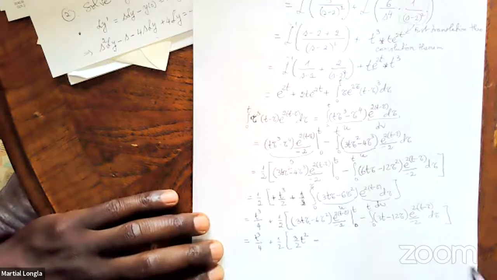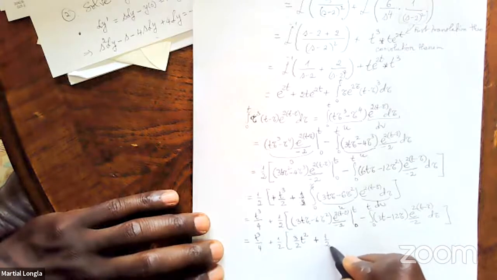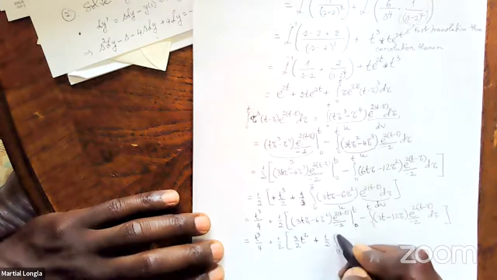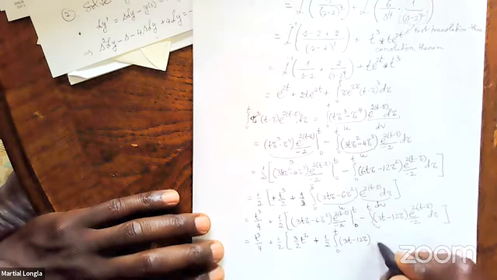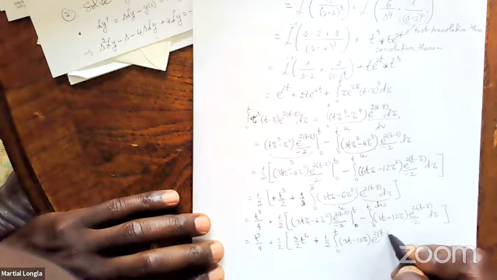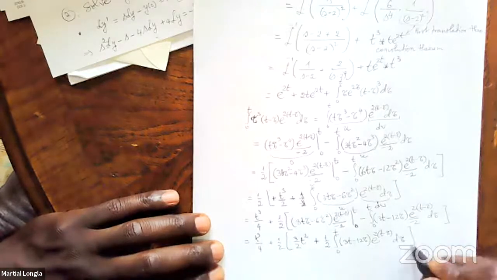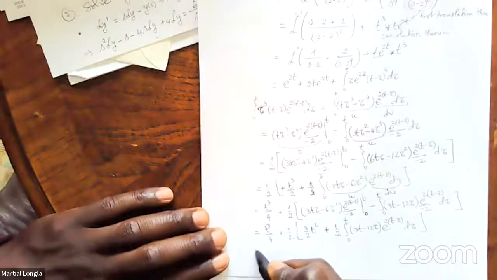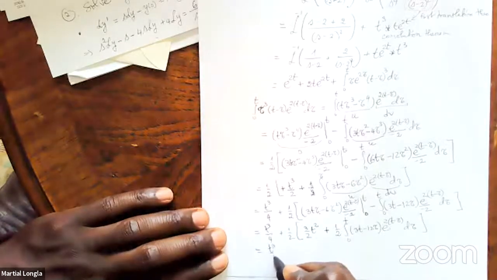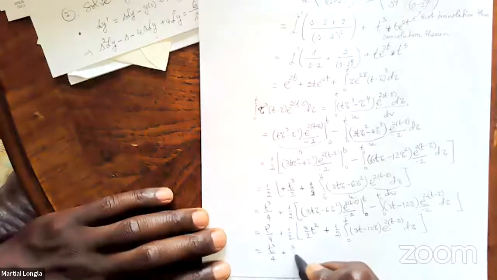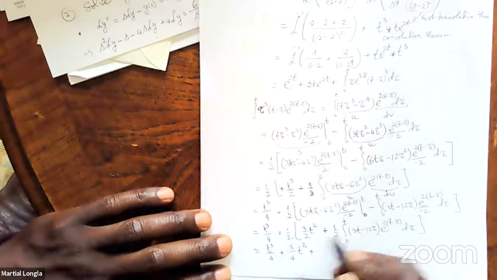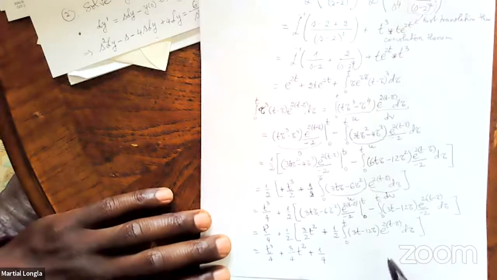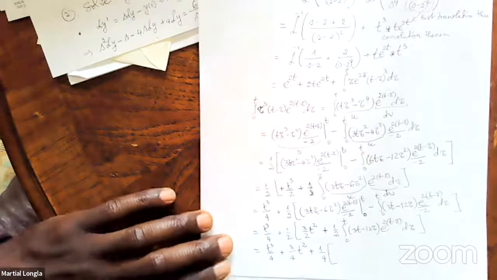And so we get minus, minus, and minus turns into a plus. 1/2 integral 0 to t of (3t minus 12 tau) e to the 2 times (t minus tau) d tau. Now we can open these parentheses, so that's t cubed over 4 plus 3/4 t squared plus 1/4. And now we compute the integral by parts again.